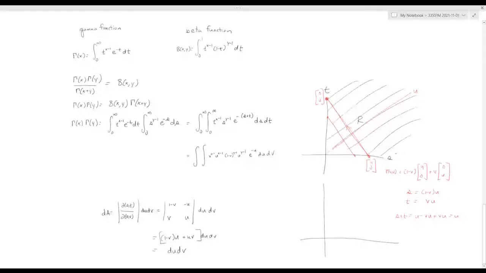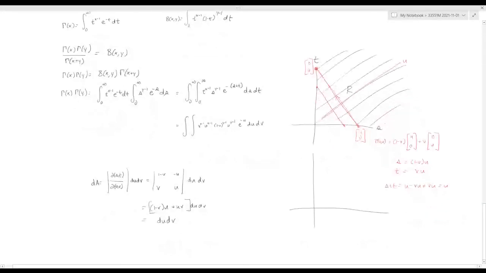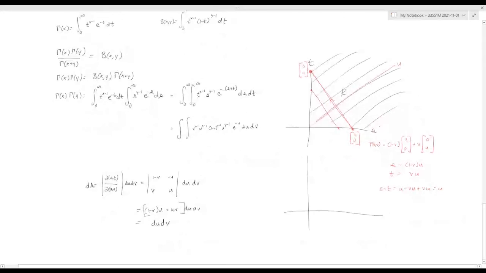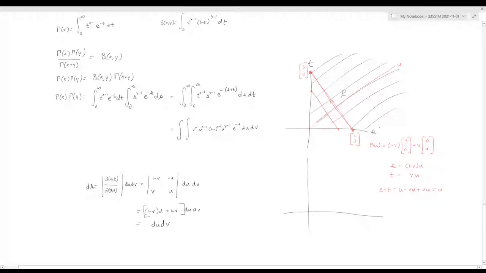And now the bounds. So you have to be careful, right? Okay. So v always goes from 0 to 1. Right? So given u, when v is 0, you're over here, and as v increases to 1, you end up over here.